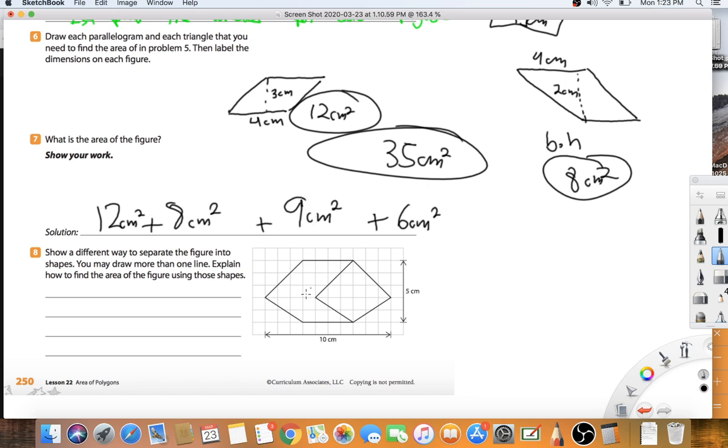Now, how can we separate this in another way? We can do it like this, where we have 2 triangles, going this way. And then I guess we can do this and then make it into a triangle. No, that's terrible. Let's not do that.